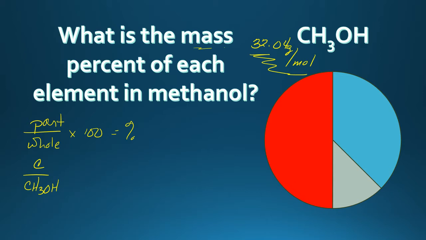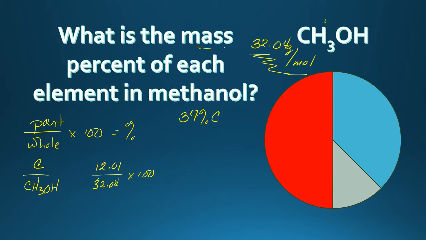There's 1, so that's 12.01 divided by 32.04. Then I'm going to multiply that times 100. So 12.01 divided by 32.04, and I end up with 37% carbon.